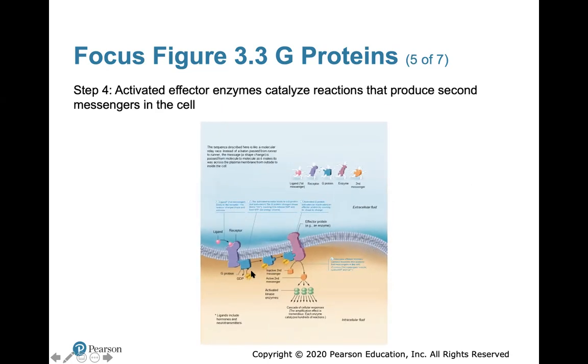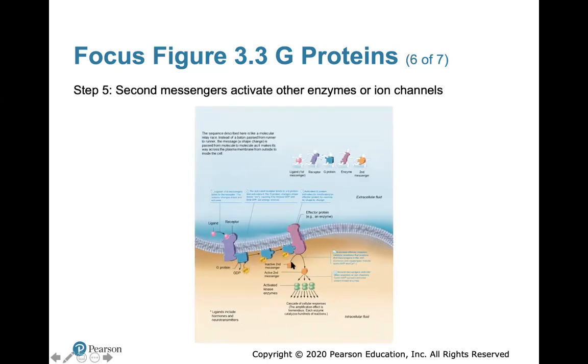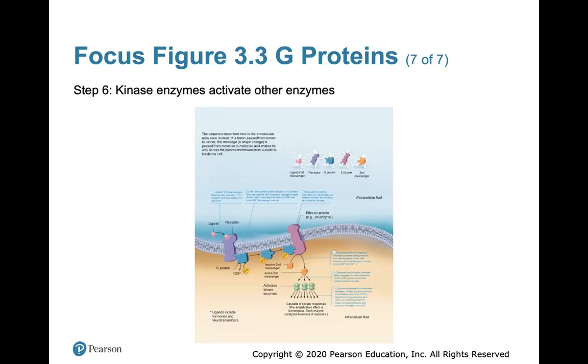Then the effector enzyme will catalyze a reaction that produces a second messenger inside the cell. The second messenger will then activate other enzymes or ion channels. The kinase enzyme will activate other enzymes, and that is a brief overview of G protein interaction, which we will see later throughout the semester.